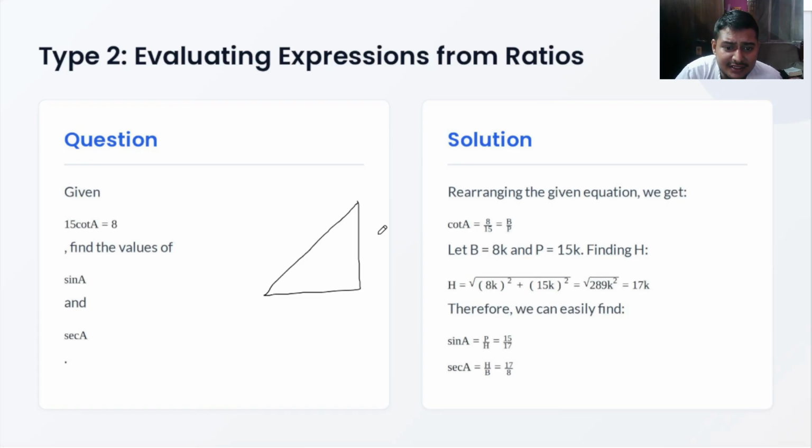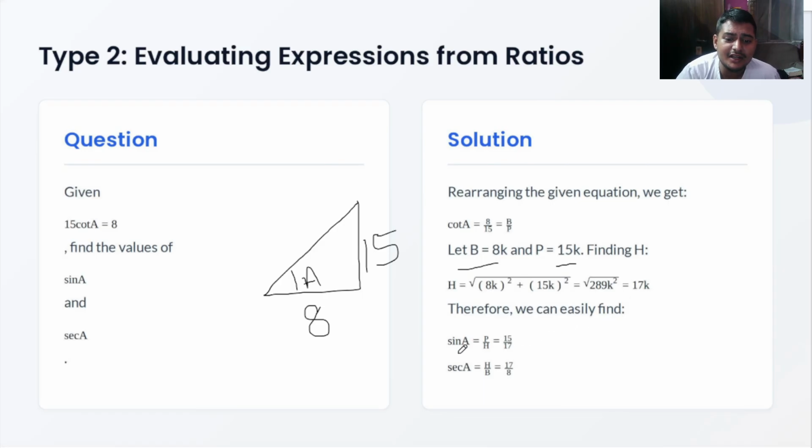That is the Pythagoras relation. And here 15 is the perpendicular and base is 8. So now the famous relation h square equals p square plus b square, if we take base as 8k and perpendicular as 15k, we will get h equals root over 289k square, which is 17k.